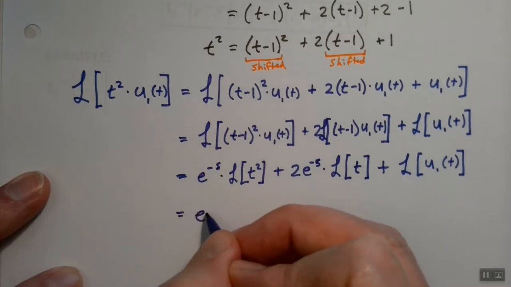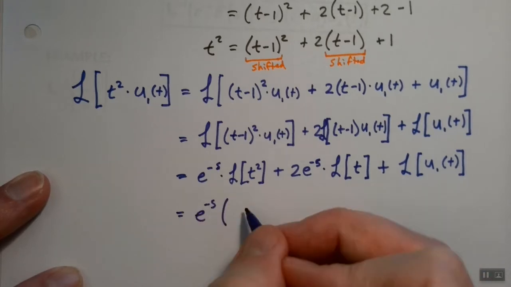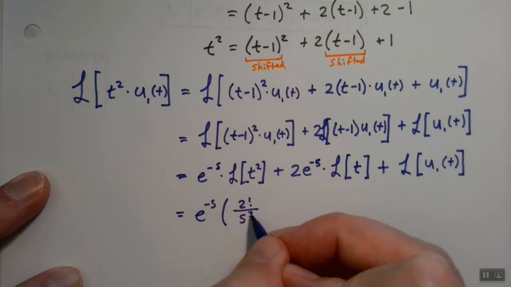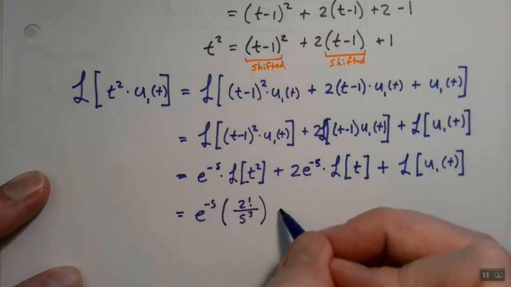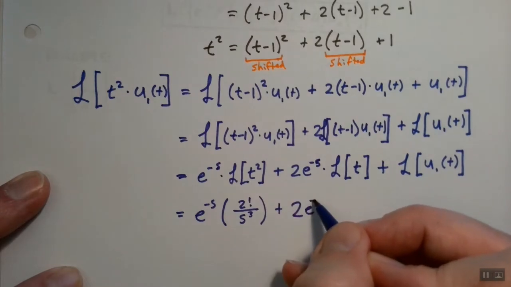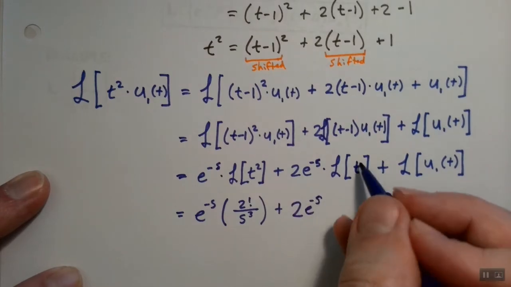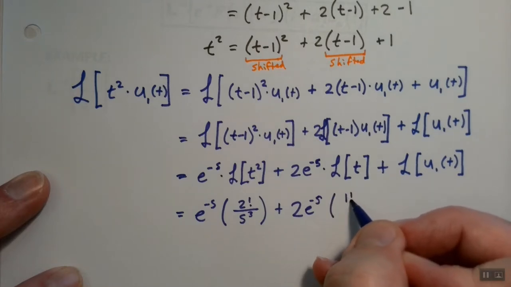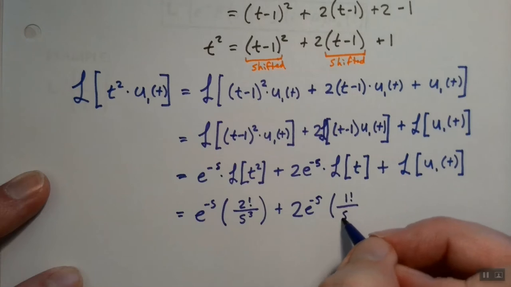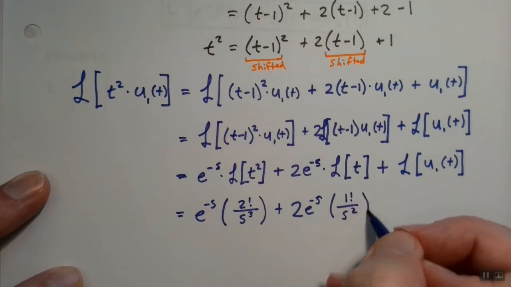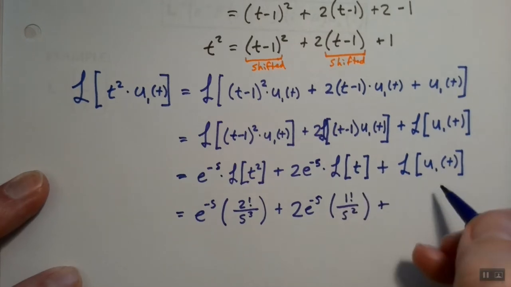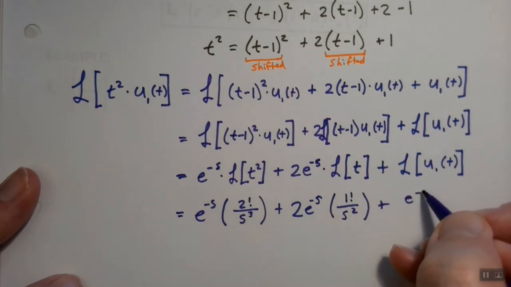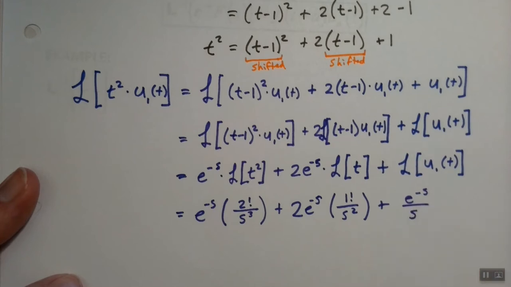So this one's going to be e to the negative s times 2 factorial over s to the 3, plus 2e to the negative s times the Laplace transform of t to the first power, which is just 1 factorial over s to the 1 plus 1, or s squared, plus the Laplace transform of this guy right here, which we know is just e to the negative s over s.